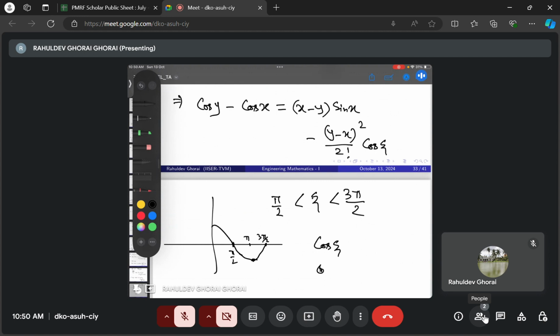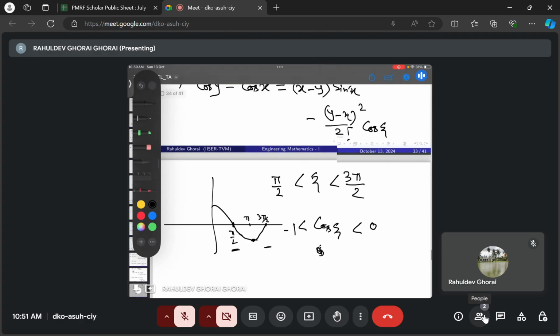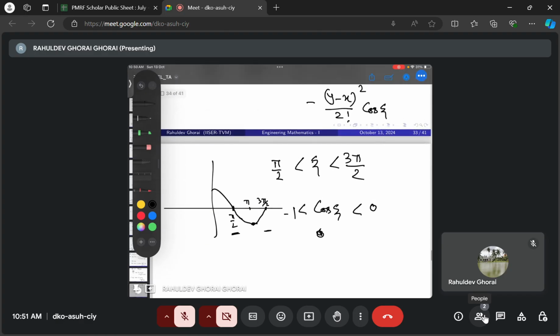So cos xi will belong to 0 to minus 1, because xi is between pi by 2 and 3 pi by 2. So cos xi is less than 0, so minus cos xi will be positive, right?